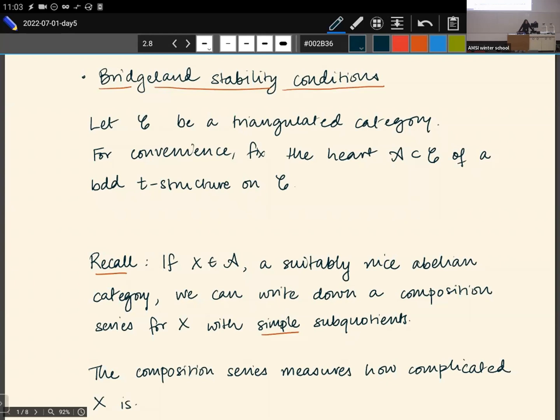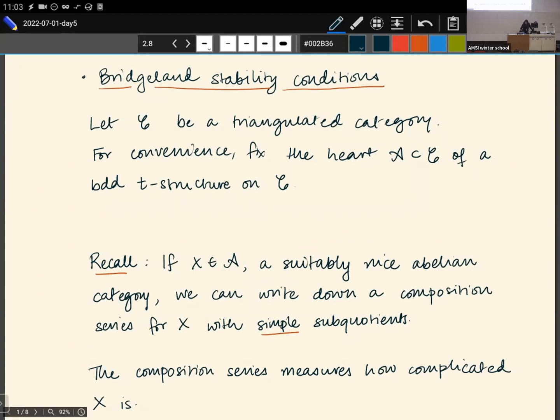So you're breaking up your object into simple objects, and as I've written, it measures how complicated your object is. If it has many simple objects in its composition series, it's a big object. The length is just the number of simple objects, so you can measure things like that.